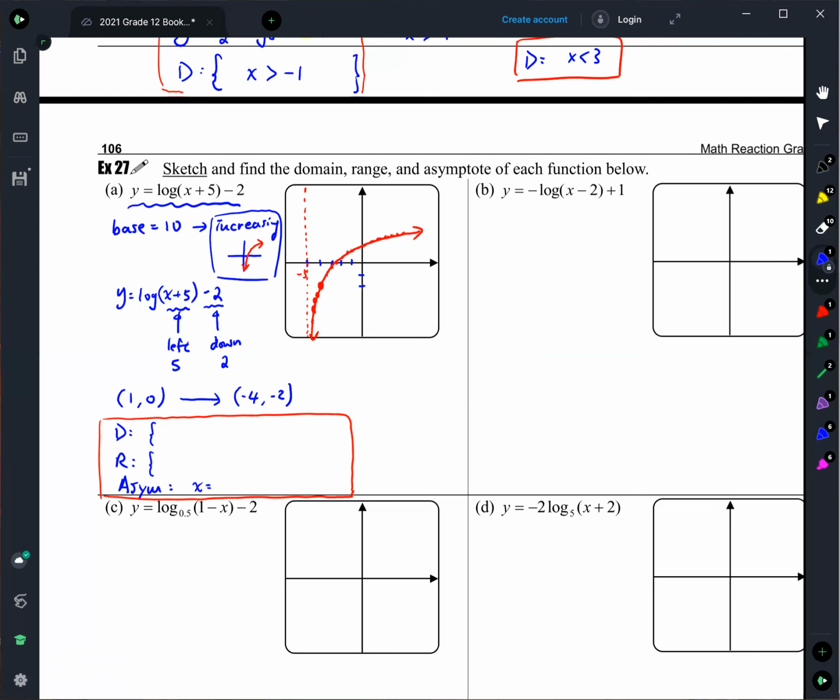X is greater than -5. Yeah. Okay, so its domain is just describing what kind of x value you can see on the graph. All the x values you can see have to be bigger than -5. Okay, it's just describing where the graph is.